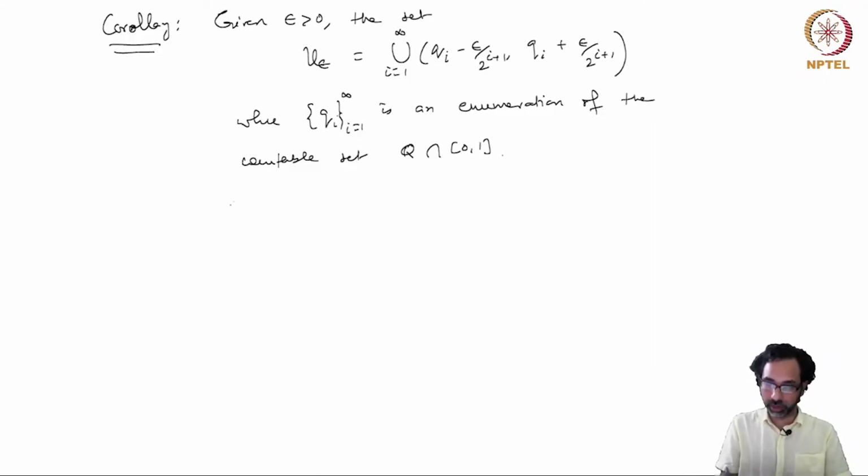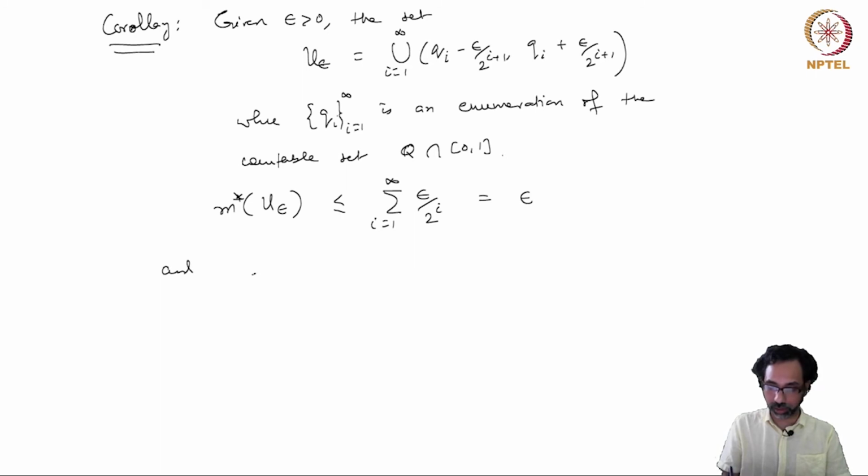So now we can compute the Lebesgue outer measure of U epsilon, and this is less than or equal to the sum of epsilon by 2 to the power i, i equal to 1 to infinity, and this is just epsilon, right?